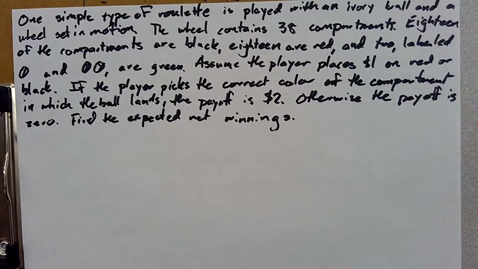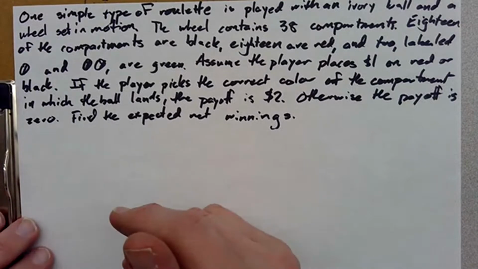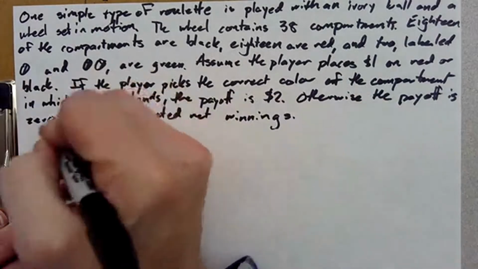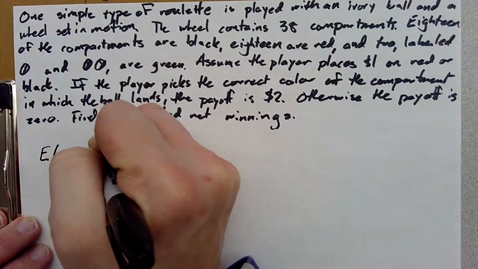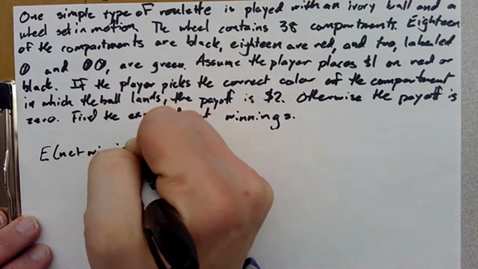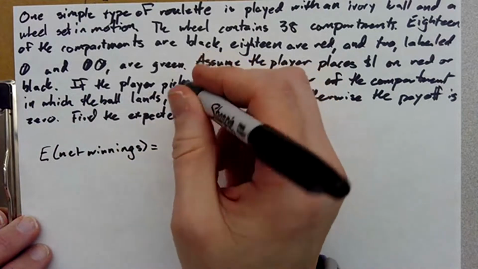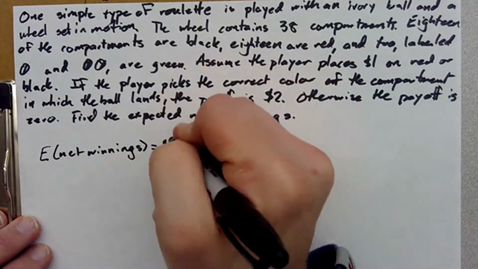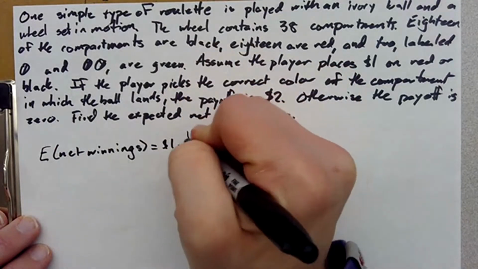So the expected net winnings are this. If you guessed correctly, you get an extra $1. And that can happen 18 out of 38 times.